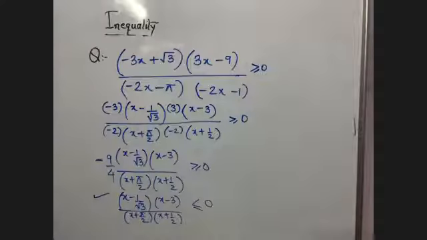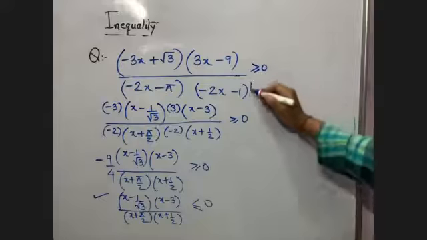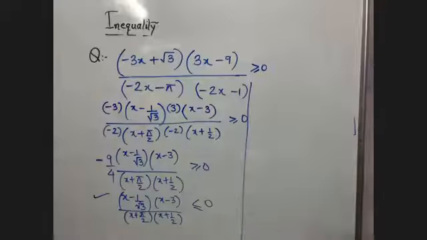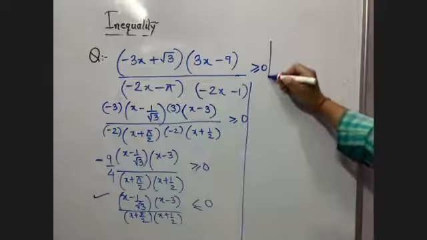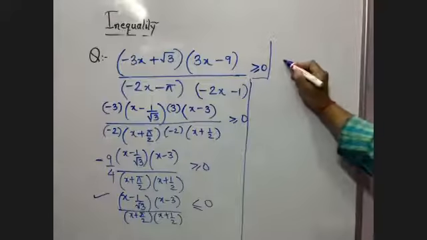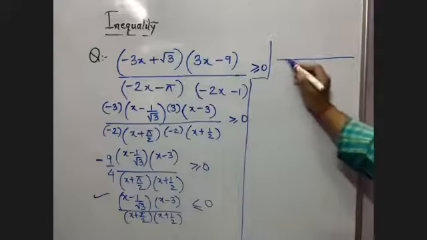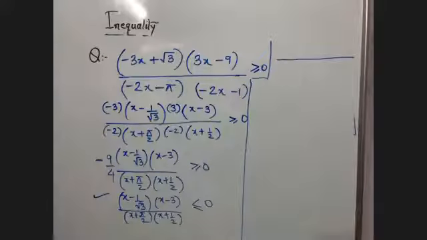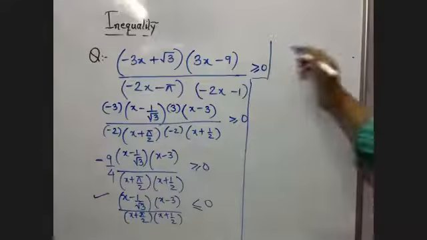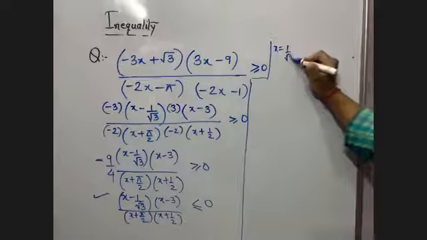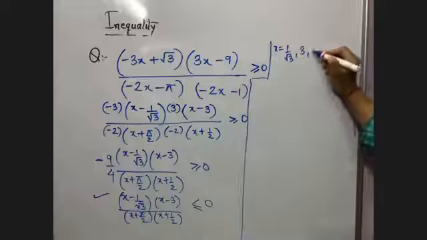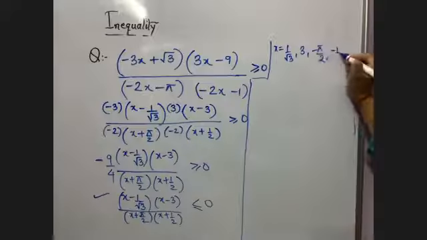Now beta, look at this. Plotting them on the number line. Suppose this is my number line. There are 4 numbers. If I put each equal to 0, I am getting x equal to 1 by root 3, 3, minus pi by 2 and minus half.